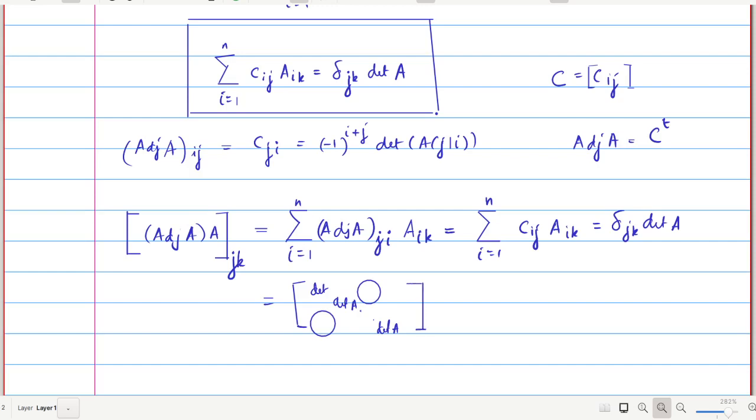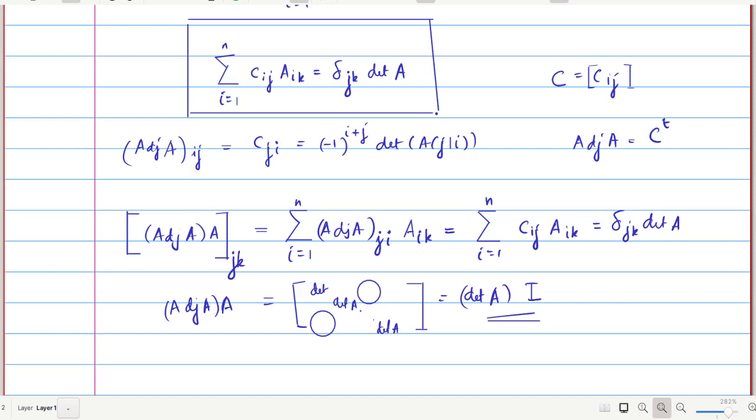So this defines the matrix determinant A times the identity matrix. This proves that adjoint A into A is determinant A into I. This is the jkth entry, so using those entries, we can constitute this matrix. Then this product, adjoint A into A, is always determinant A into I.